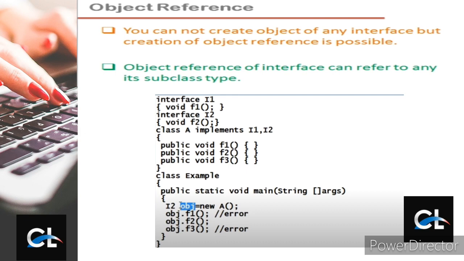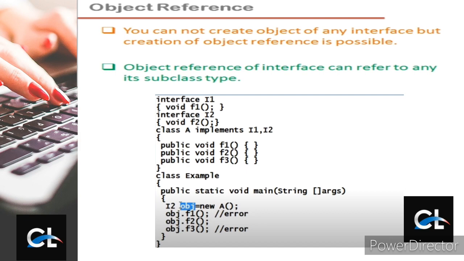Now if you have a look at this code, interface I1 has method f1, declared as a prototype. In interface I2, we have void f2 as a method. So we can easily write class A implements I1, I2.